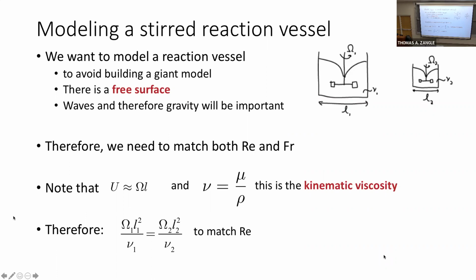And we said that U was omega times L, so we end up with omega times L squared over nu. To enforce the Reynolds number, we say that omega 1 L1 squared over nu 1 should be equal to omega 2 L2 squared over nu 2. So our model Reynolds number should equal the system Reynolds number. That's one condition that we get to enforce dynamic similarity.